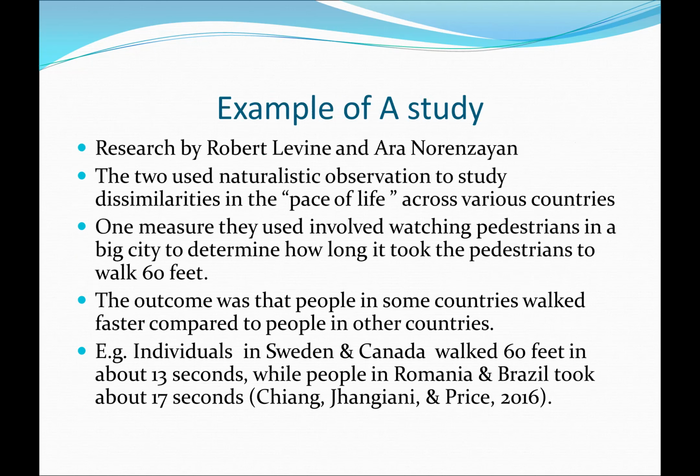So an example of a correlational research study was a study done by Robert Levine and Ara Norenzayan. They used the naturalistic observation study method to look at the pace of life across various countries.